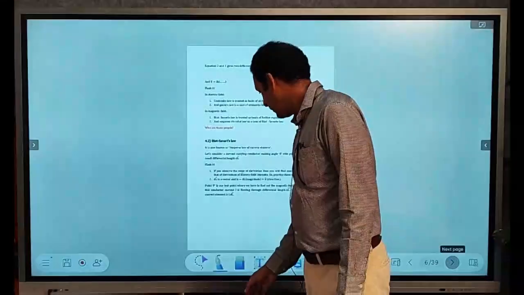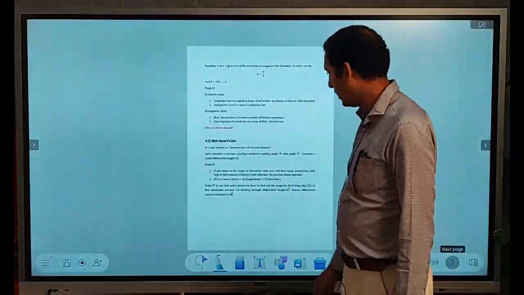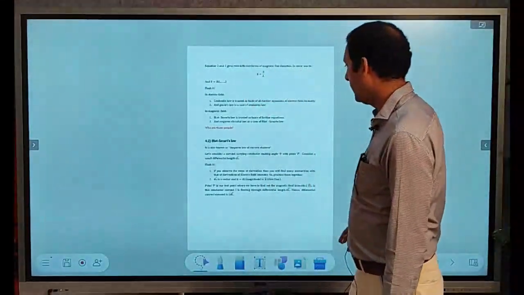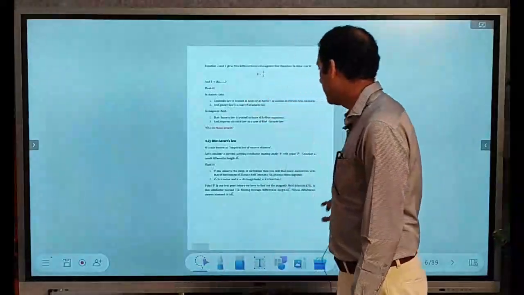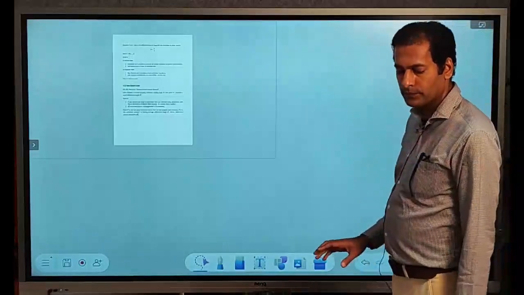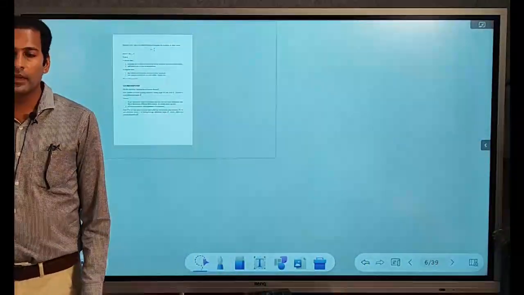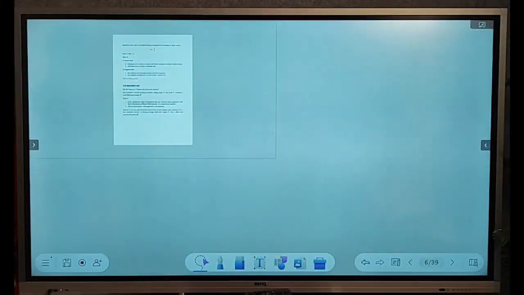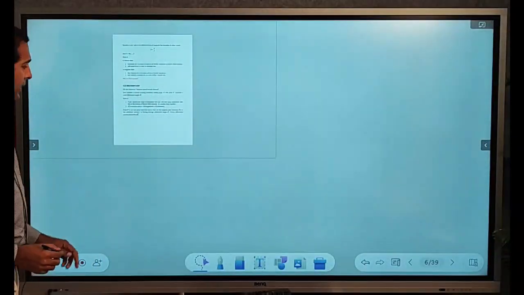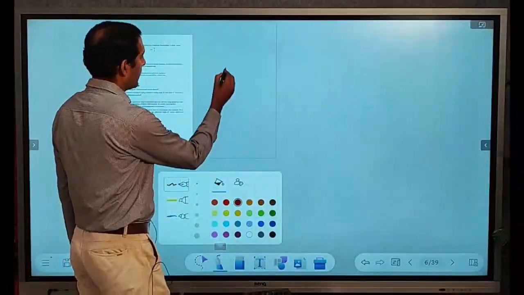So next we will start Biot-Savart's law. What Biot-Savart's law states is, it is also called Ampere's law of current element. So it states the same thing, that a current carrying conductor creates the magnetic field. Now in electric field we consider Coulomb's law.